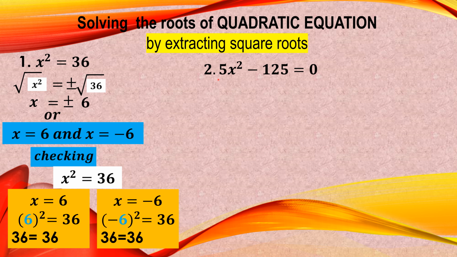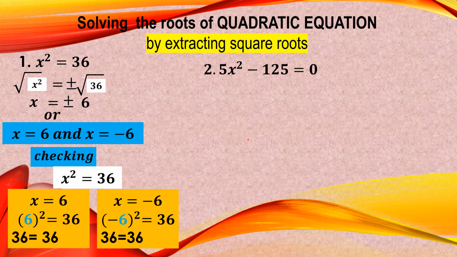Number 2, 5x squared minus 125 is equal to 0. Remember that in finding the roots of a quadratic equation, we have to see to it that we will be setting the left side and the right side to be a perfect square. So what will happen if they are not yet a perfect square?